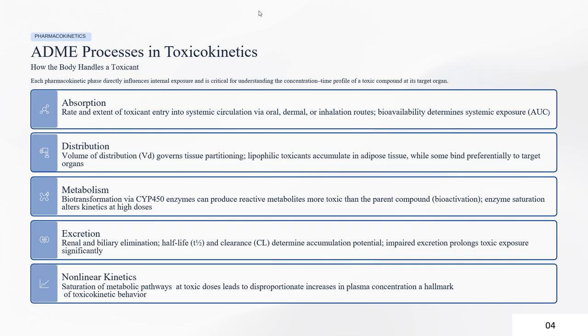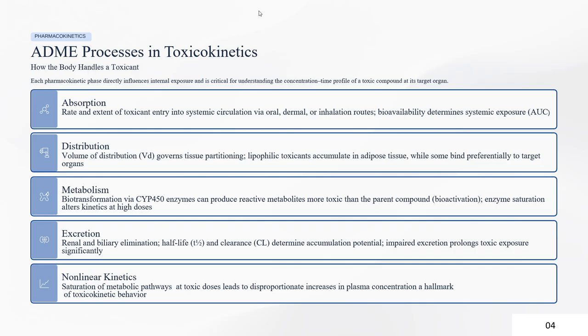First is absorption. It refers to the entry of the toxicants into the bloodstream through the oral, inhalation, dermal, or other routes. Second is distribution, which determines how the toxicants spread throughout the body tissues. Lipophilic compounds often accumulate in the fatty tissues, while others may selectively accumulate in a specific organ.